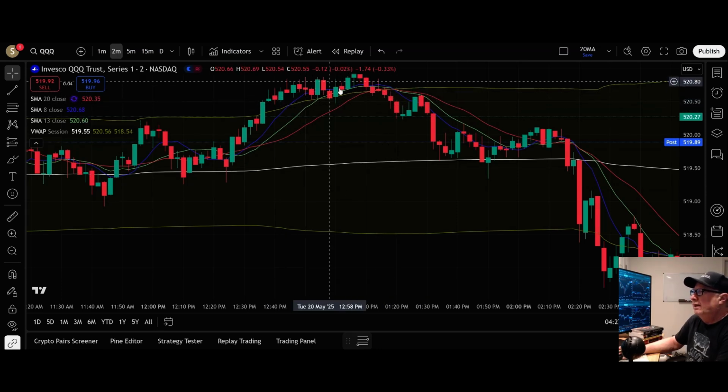And to me, it looked like it was getting ready to roll over, right? And it was at that 2 standard deviations away from VWAP. So I thought this was a decent trade to take.